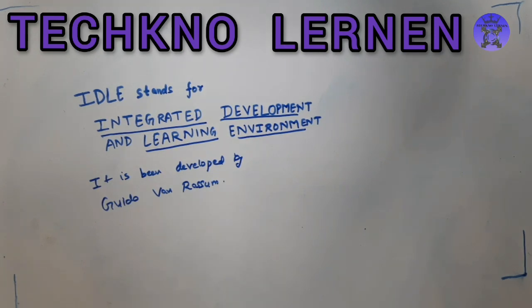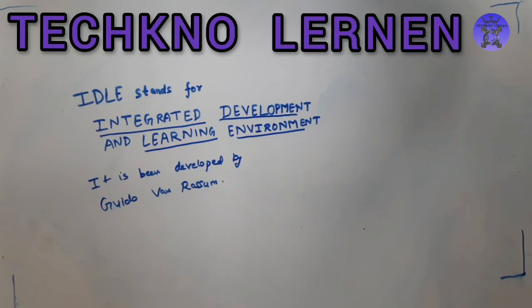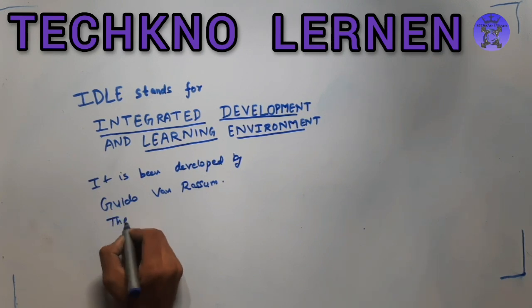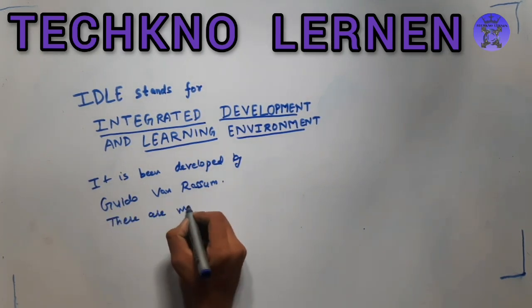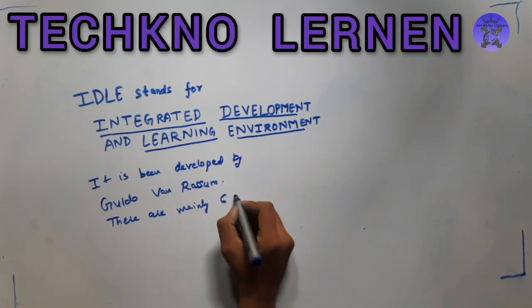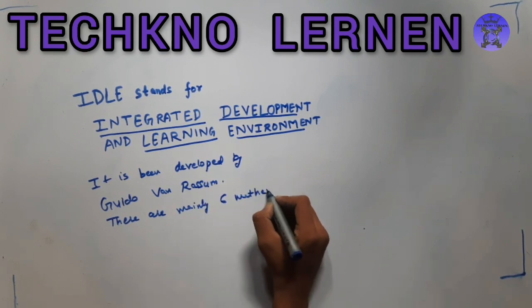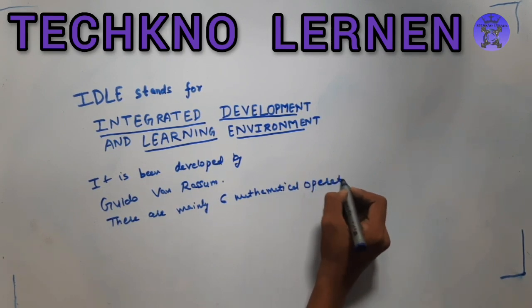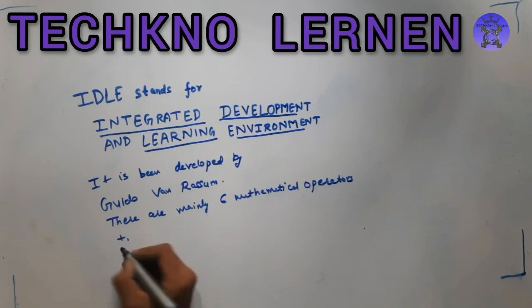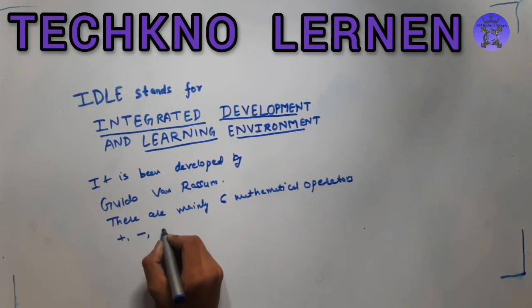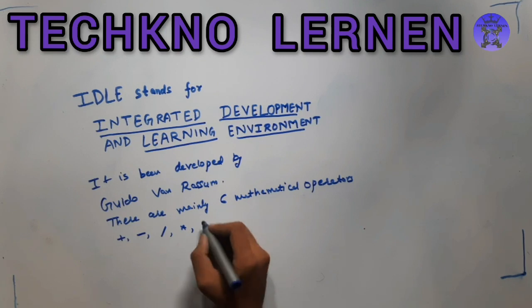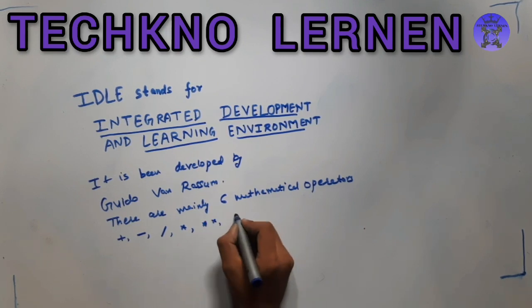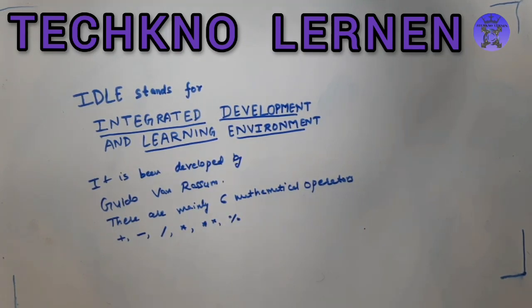So friends, in Python there are mainly 6 mathematical operators. So let us learn them first. These operators are addition, subtraction, division, multiplication, power, and the last one is the modulo operator for the calculation of remainder.